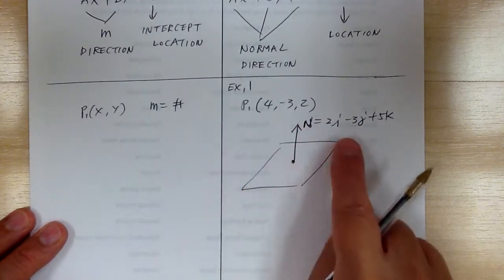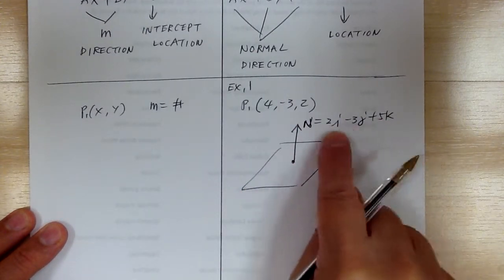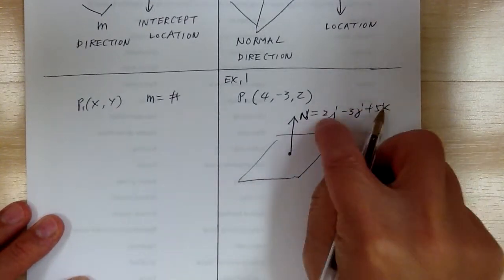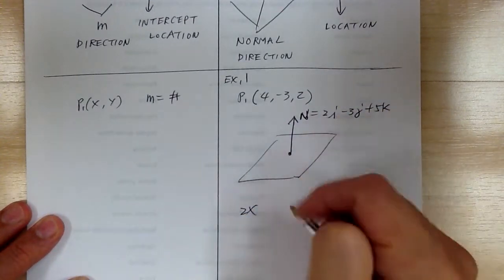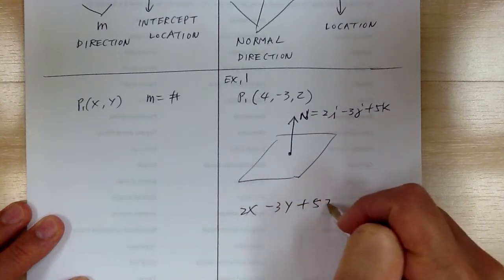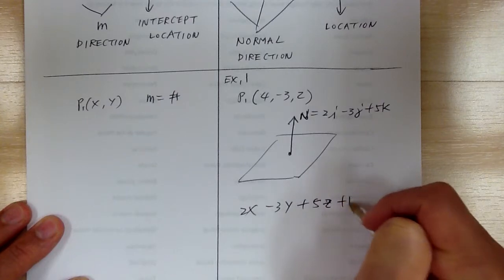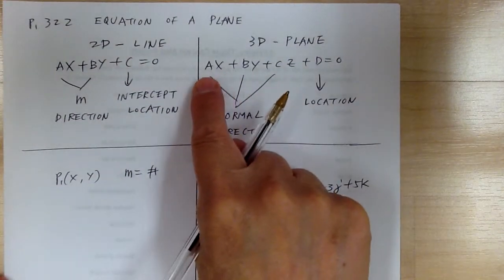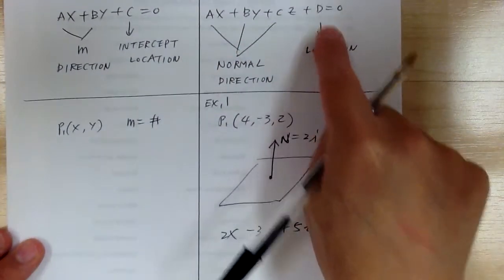To write the equation, because the normal is the direction the plane is facing, you start with 2x minus 3y plus 5z plus d equal to 0. That's your equation: ax, by, cz, d.